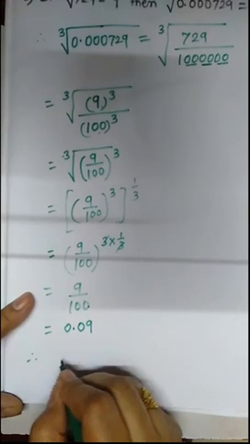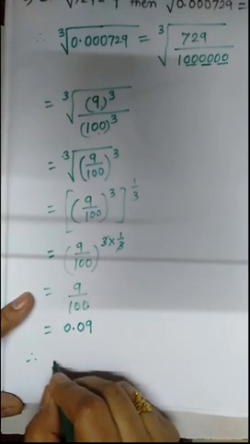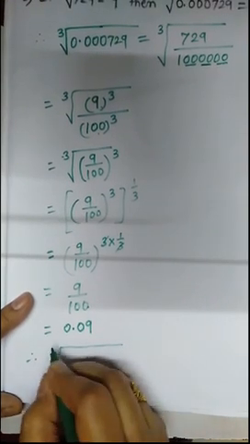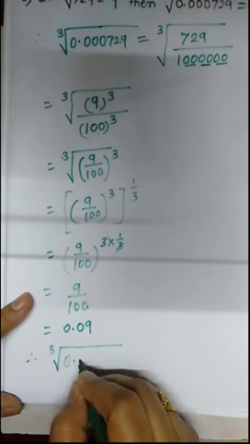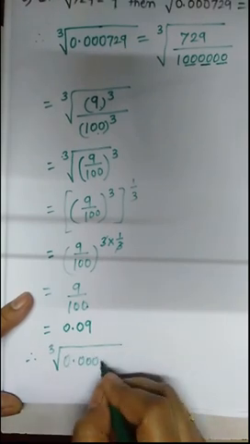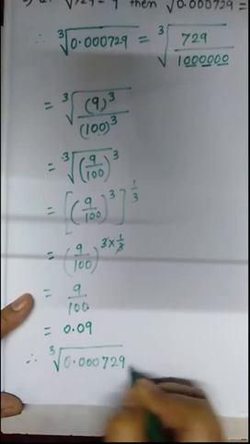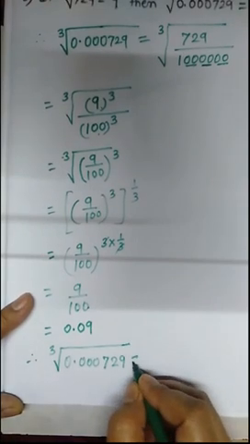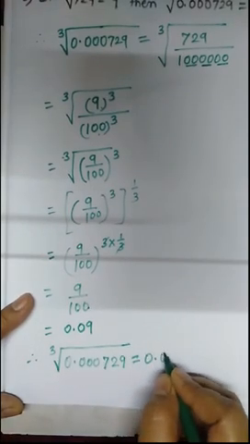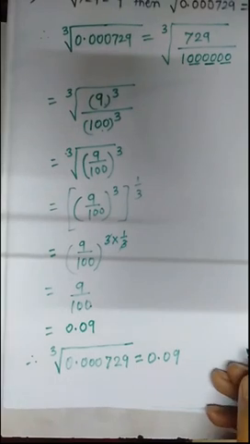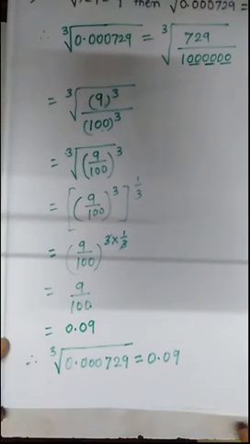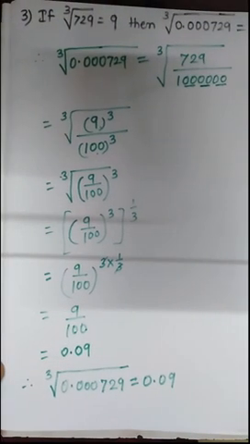So therefore cube root of 0.000729 is equal to 0.09. This is the final answer.